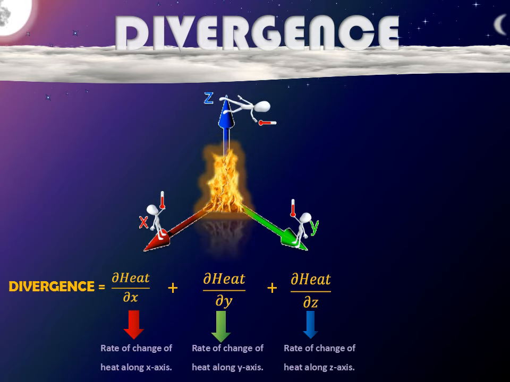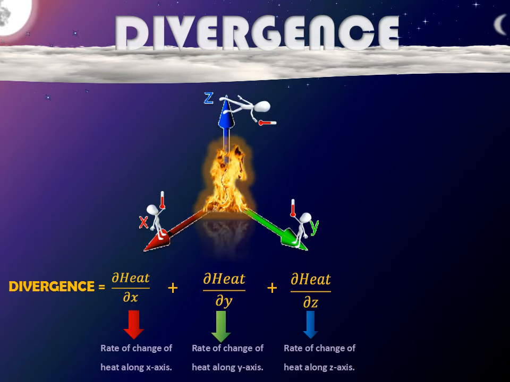Now you have covered the x and the y axis, and not just are you moving diagonally opposite onto the other side of the room, you're even standing upon a stool. So now the z component is also changed, the z coordinate is also changed. So the rate at which now the heat changes as you move away from this fire, that can be calculated. That is called as divergence. It is the rate of change that takes place along the x-axis, along the y-axis, and along the z-axis.